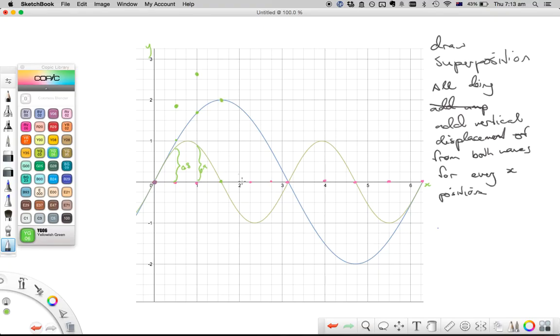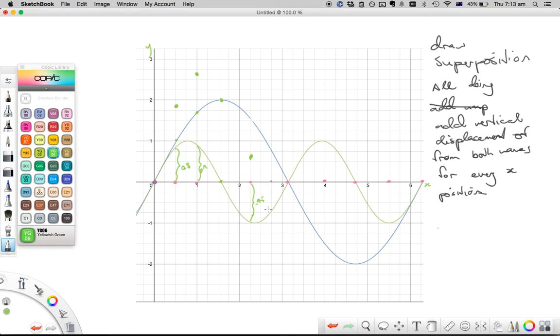For this point, our y displacement from the green graph is negative, about 0.95, almost a whole 1 unit. So we need to subtract almost a whole unit from this point. 1, 2, 3, 4, a little bit less than that, so our point is there. That's a bit unclear there.